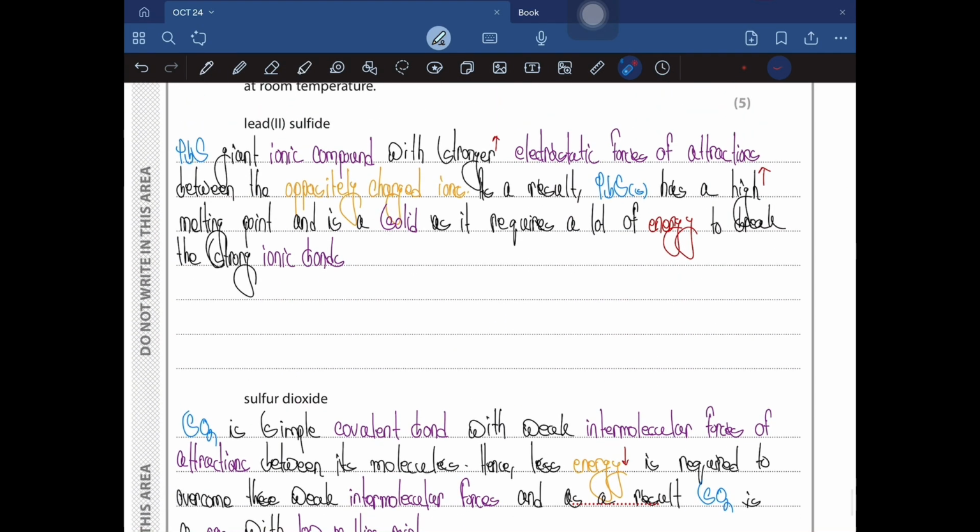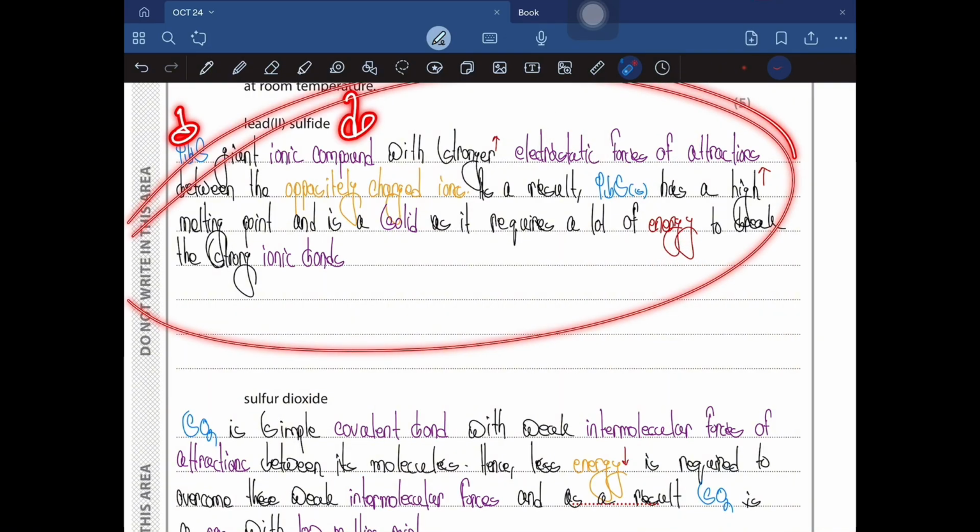For lead sulfide: ionic compound, giant, strong electrostatic force of attraction, oppositely charged ions. As a result, PbS has a high melting point and is a solid, as it requires a lot of energy to break these ionic bonds, right? I have basically highlighted the important words that you need for this answer.